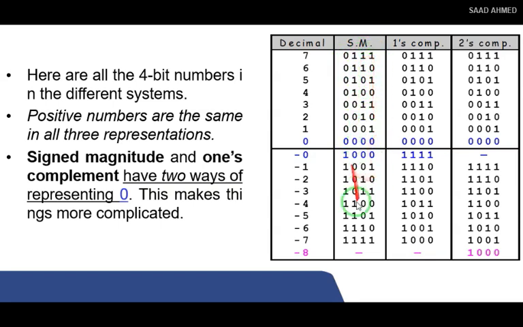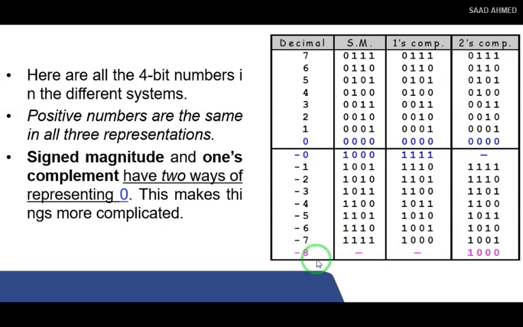Okay, and if you look at the bottom side, you can see all the numbers have 1 here in the MSB, indicating that it's a negative number, right? And it can also go till 7. But the problem is that we have a negative 0. So in the 2's complement system there is no negative 0, and there is a number which represents minus 8.